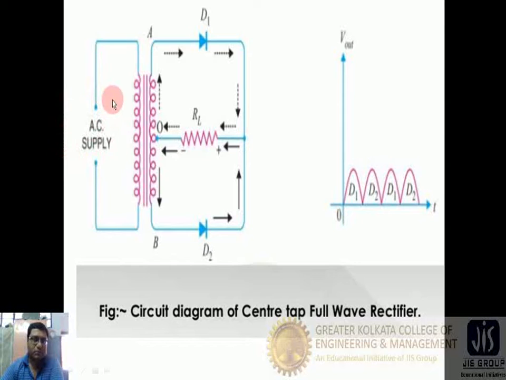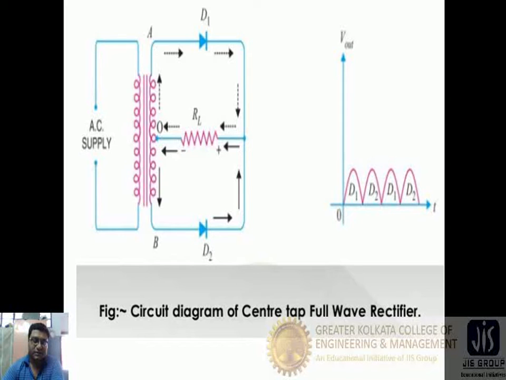It is mostly 220 volt AC in our normal cases. It can be a 6-0-6 or 9-0-9 or 12-0-12 center tap transformer or 15-0-15. There are several center tap transformers available in the market, so we use any one of them to build this circuit.